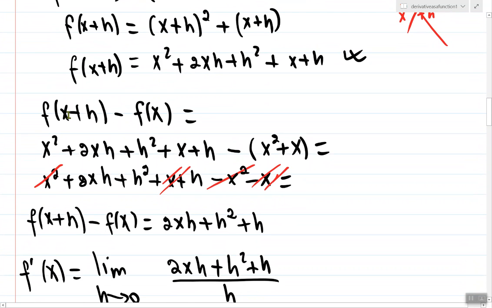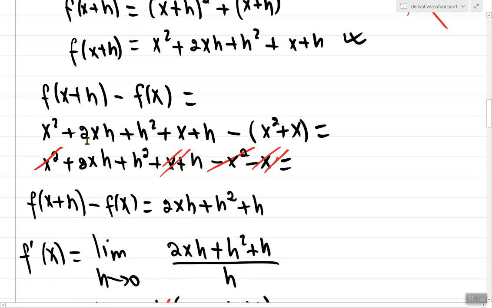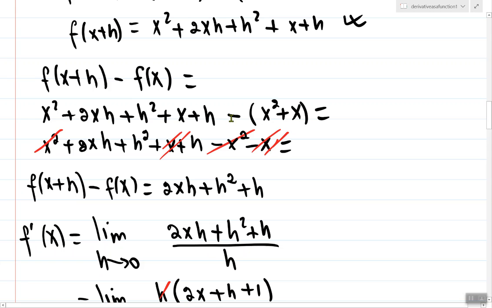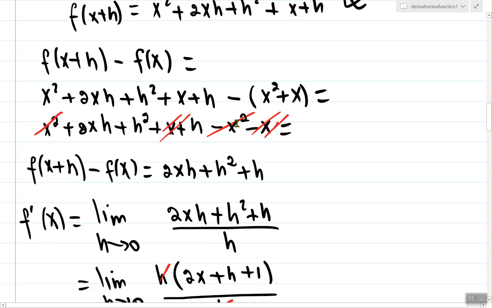So when you do this difference, you have f of x plus h minus quantity x squared plus x. Make sure to distribute this negative sign to both x squared and x to make it negative x squared minus x. When you reach this stage, you can cancel like terms with opposite signs.